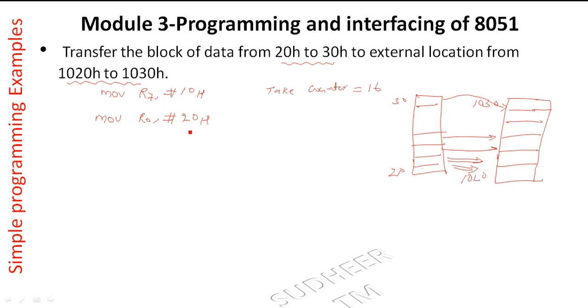So move R0 comma #20, initialize R0 with 20. So this is what this instruction. Now we need to initialize the DPTR with 1020 to have the external data transfer. So move DPTR comma #1020. So after executing this instruction, our DPTR is equal to 1020.